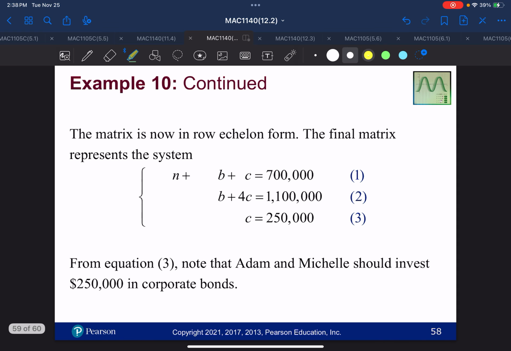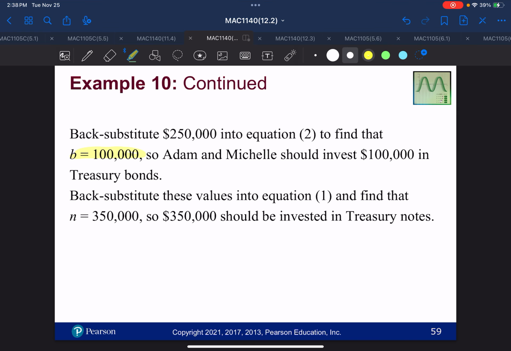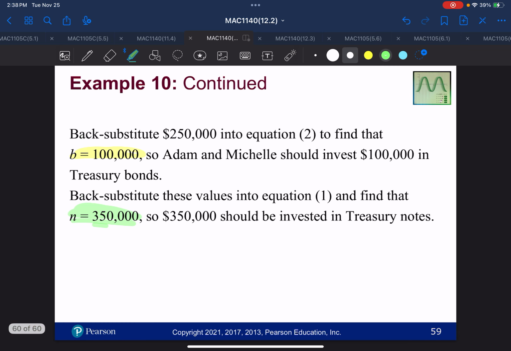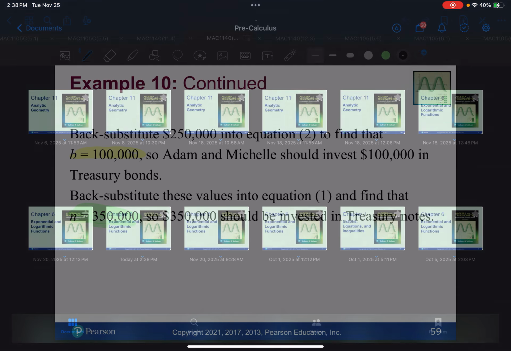And that's going to give us that B is equal to 100,000. And then when you back substitute that into the first equation with the 250,000, you get that N is 350,000, which should be invested in the treasury notes. Okay, so that's the end of 12.2.